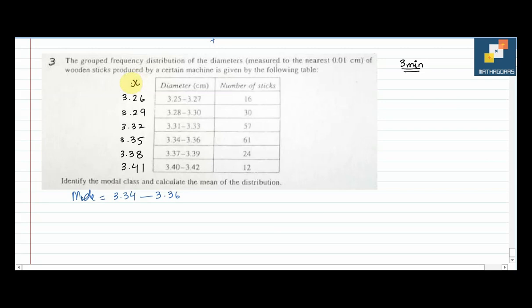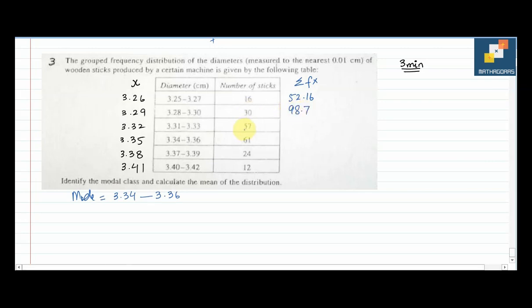Alright, now next thing you need to find the working of summation of fx. So we need to multiply these two values here. First one, 3.26 times 16, it's 52.16. After that, the next one is 30 multiplied by 3.29, so it's 98.7.